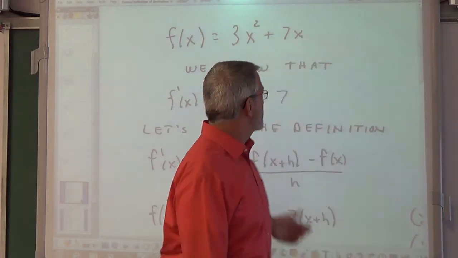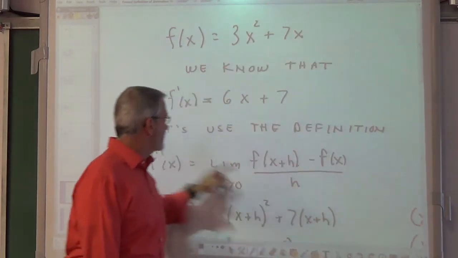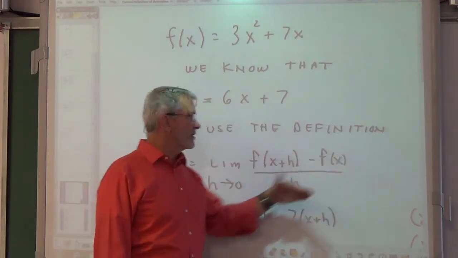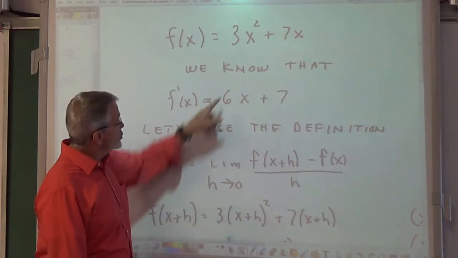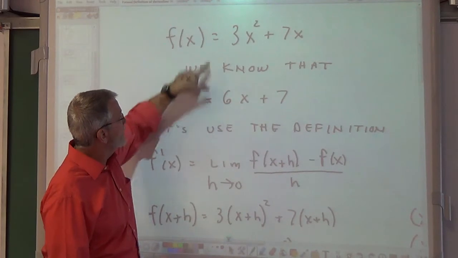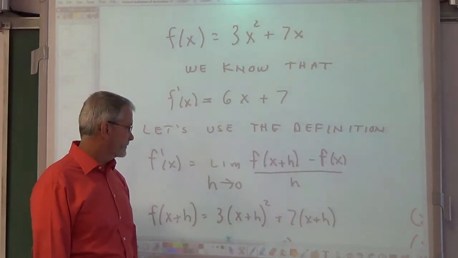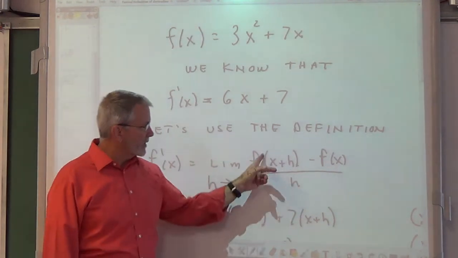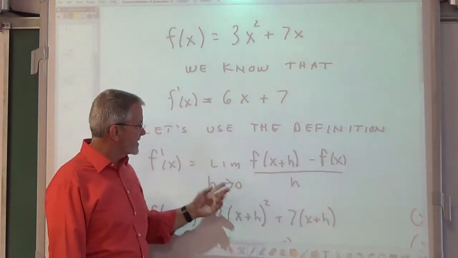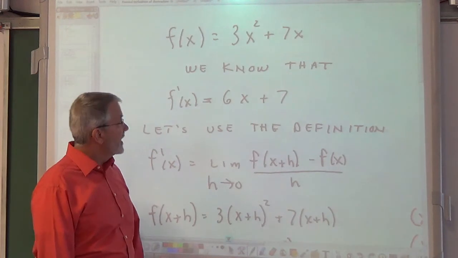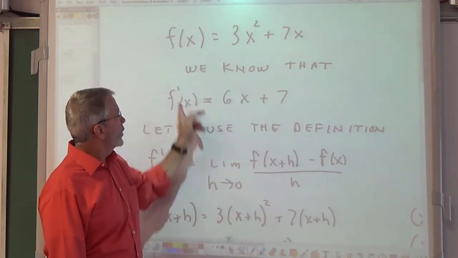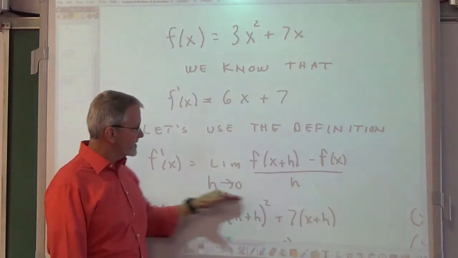So what we're going to do is use the formal definition of the derivative to show that the derivative of that is indeed 6x plus 7. So I'm going to calculate this difference quotient, take the limit as h goes to 0, and see that f prime does equal that using this definition.